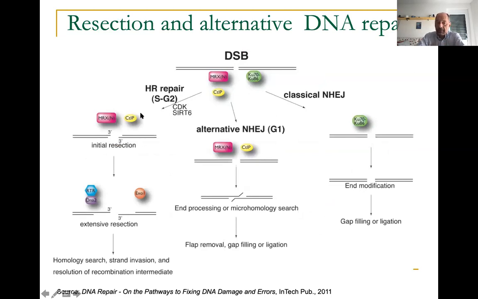This we have seen, but only if you are in S/G2. You can have the classical non-homologous end joining, or you can have, involving CtIP, the alternative non-homologous end joining with the end processing of microhomology and eventually always ligation, of course.